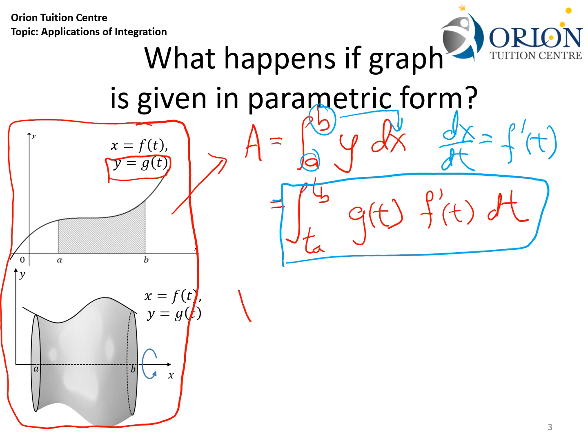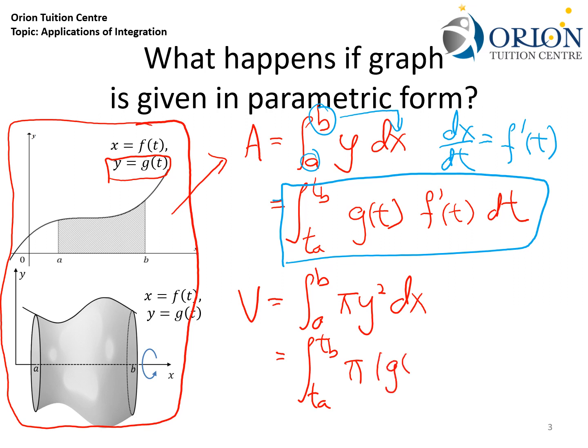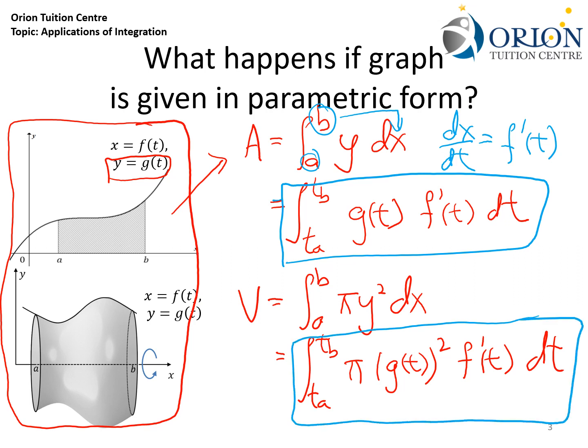Likewise, the volume over here can be found using the integral of a to b of pi y squared dx, which can be changed into the integral of t_a to t_b of pi (g(t)) squared, and dx becomes f'(t) dt. And again, once we solve this entire integral, we will get the volume of this region.